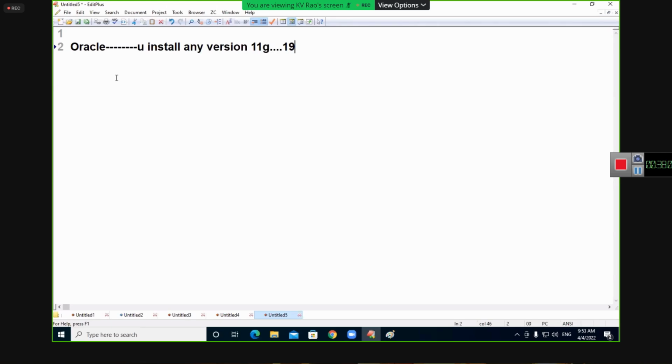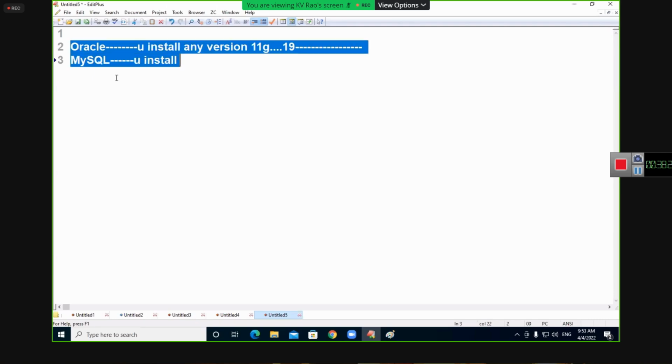Whatever it is, you install by yourself, make it ready. MySQL also make it ready. You install any version. Both of them you try to install, make your laptops ready.